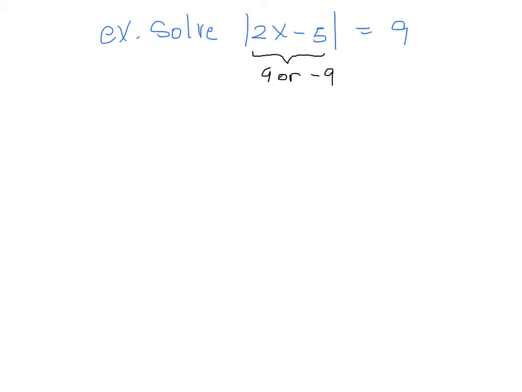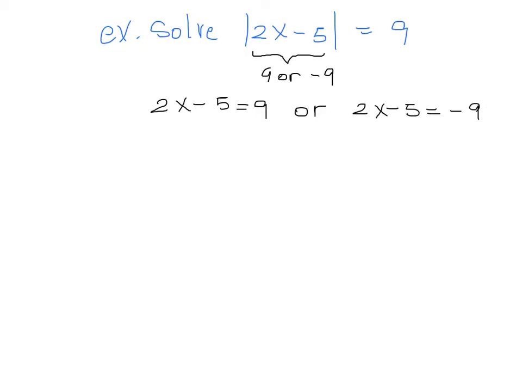Which means that our absolute value equation is in fact 2 equations, not 1. Twice the fun. So that equation turns into 2x minus 5 is equal to 9, or 2x minus 5 is equal to negative 9.